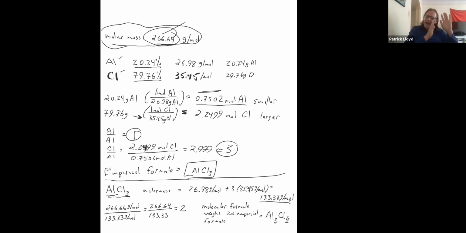To find the actual number, you use the molar mass, 266. That tells you it's got to be 2 aluminums and 6 chlorines, right? If you think about it, for that 266.64, the only number of aluminums and chlorines that works is 2 and 6.